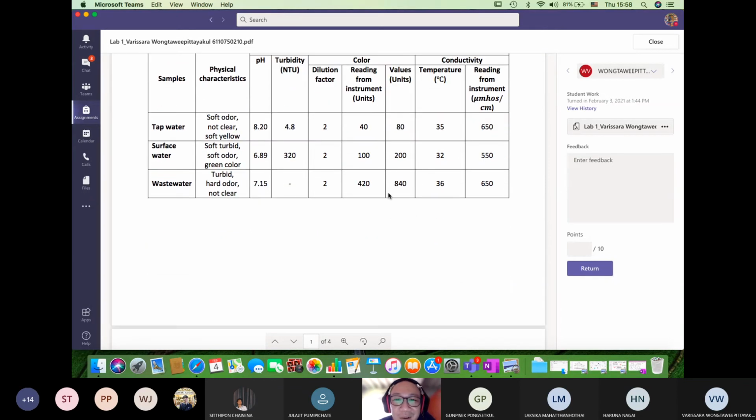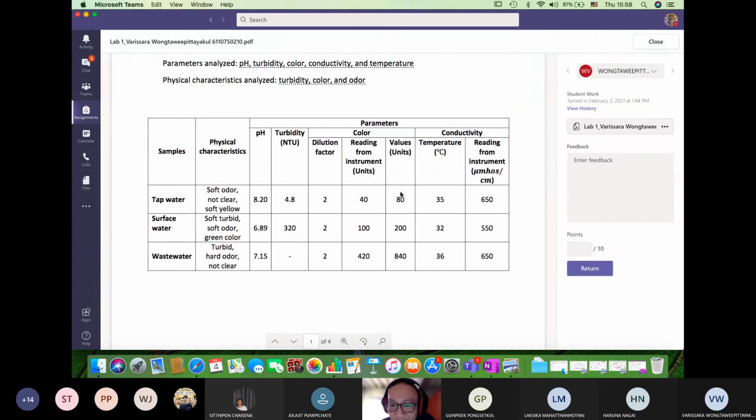Okay, then what else could be interesting? The dilution factor is only applied to the color measurements, right?